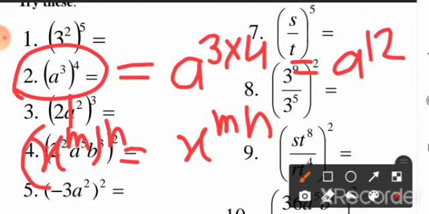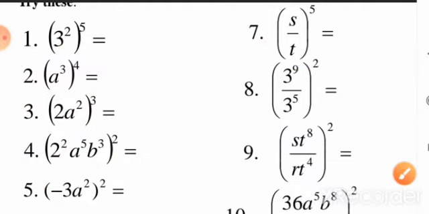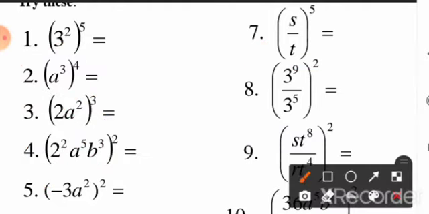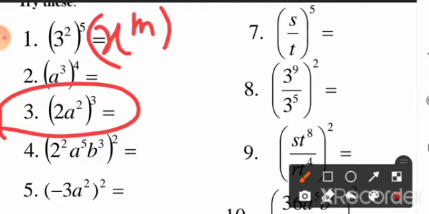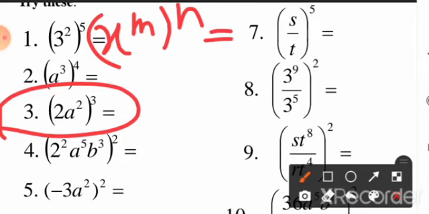So now next, question number 3 is given here. Similar law. Again apply the same law of exponent, using the same identity: (x power m) whole power n is equal to x power m into n.